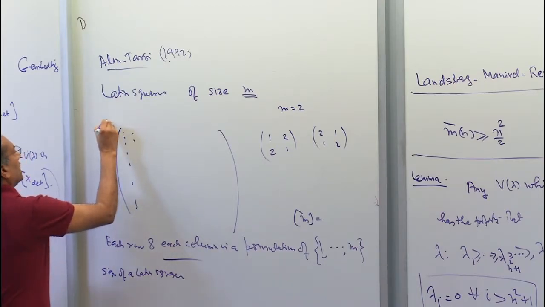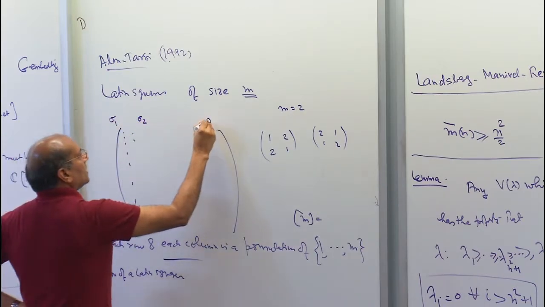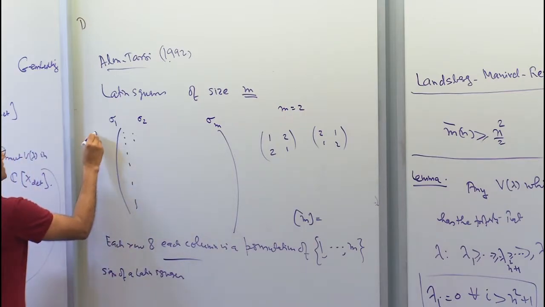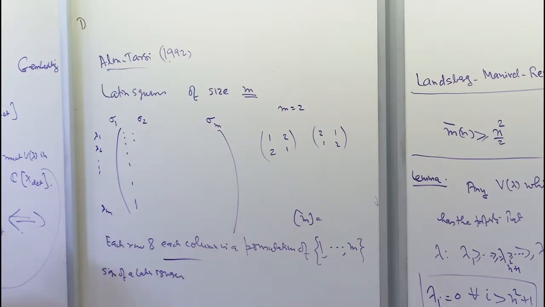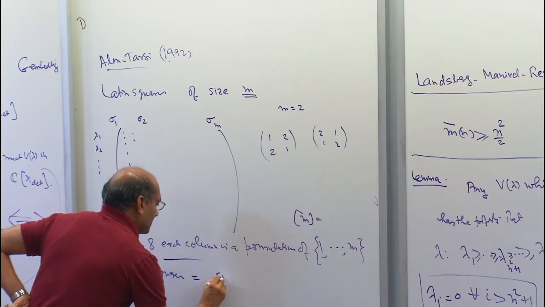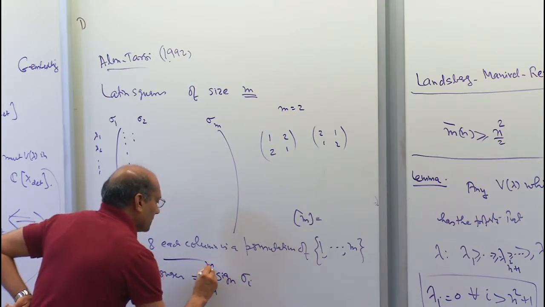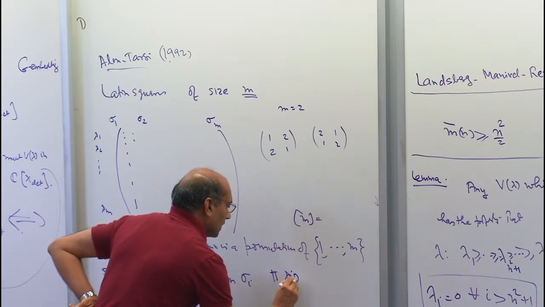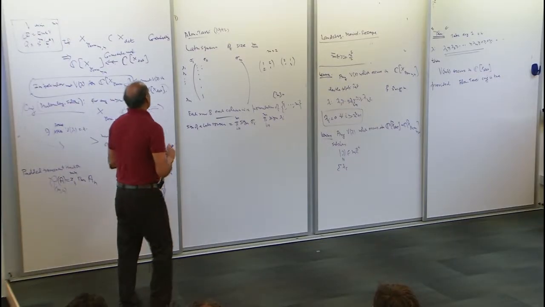Let's call the columns permutations sigma 1, sigma 2, up to sigma m, and the rows S1, S2, up to Sm. So the sign of a Latin square is the product of the signs of sigma i and the signs of S i, for i from 1 to m. You just multiply all the signs of rows and columns.